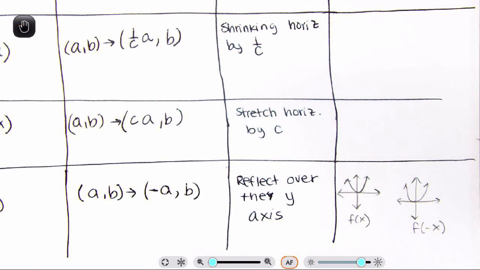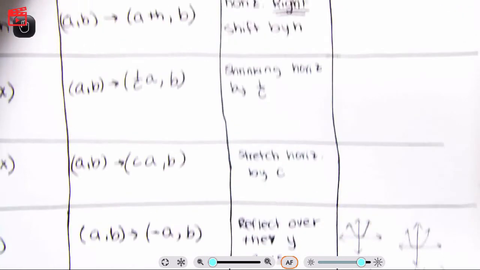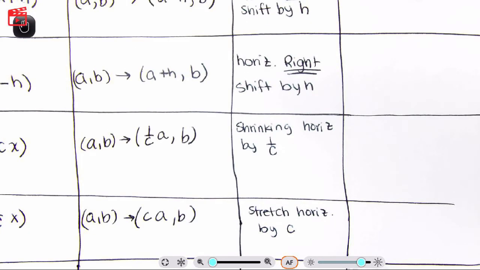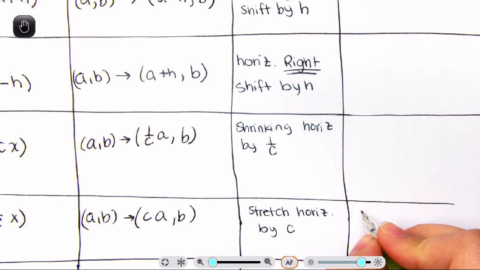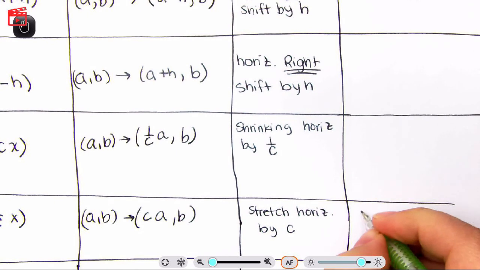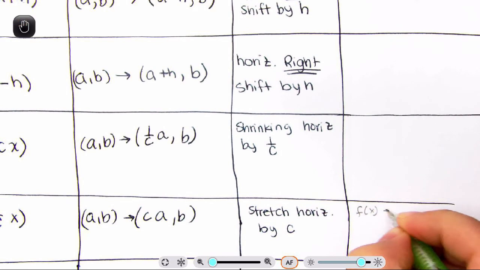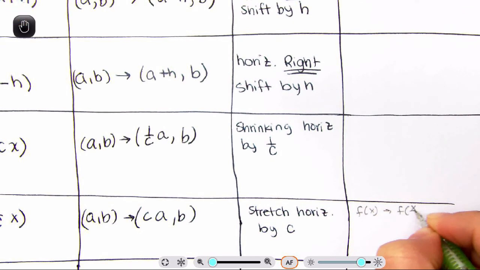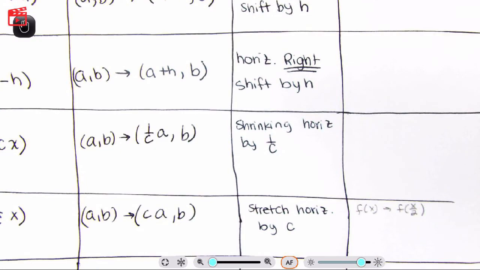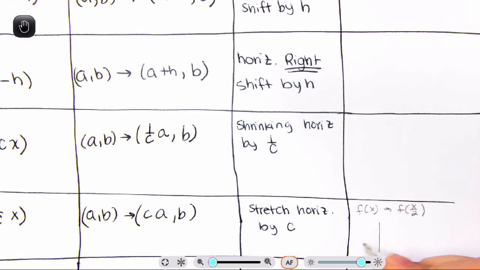Again, reflect across the y-axis. This one here, we're going to stretch horizontally. So let's do f of x divided by 2. That's our transformation. So how would that look?